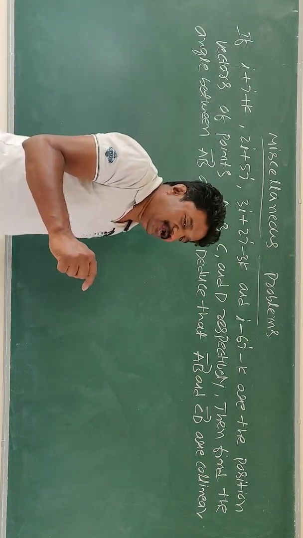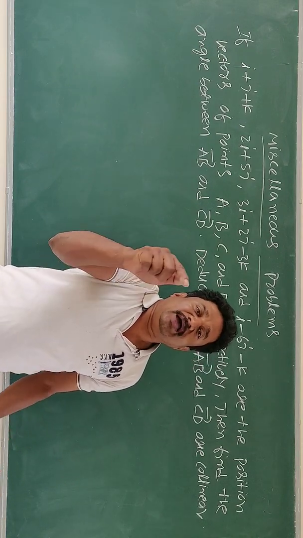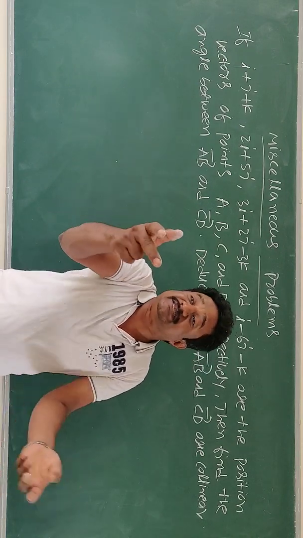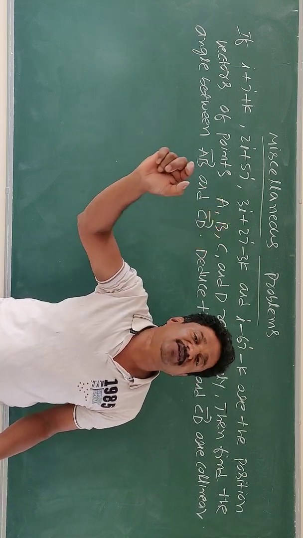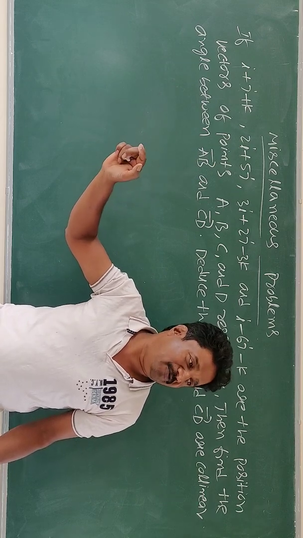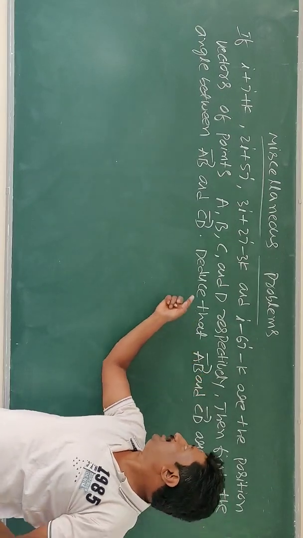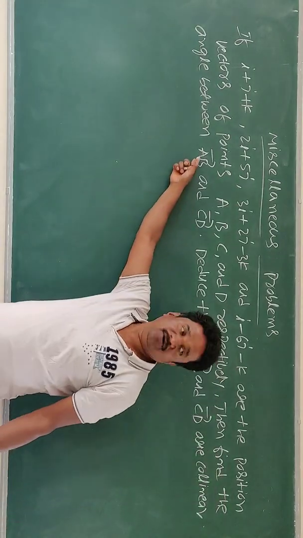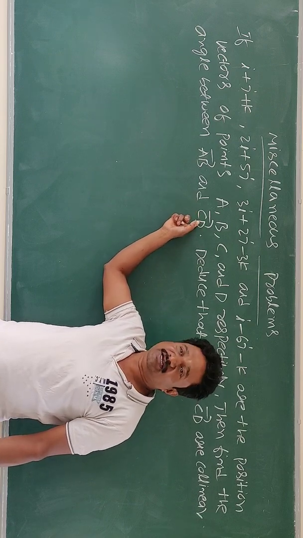So how do you find the angle between two vectors? That is the cos theta formula. Cos theta is vector A dot vector B by length of vector A into length of vector B. In the place of vector A, we have vector AB. In the place of vector B, we have vector CD.